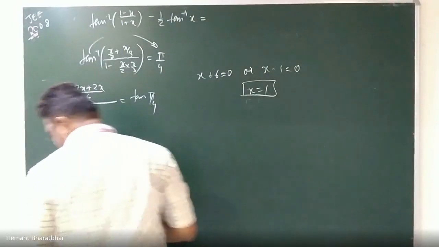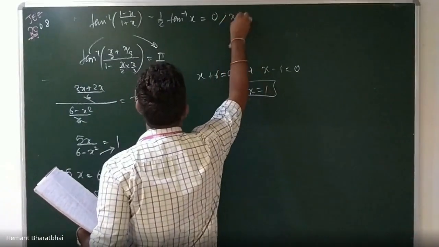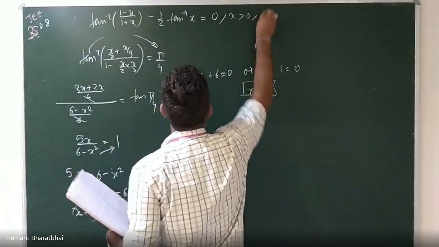Tan inverse of 1 minus x upon 1 plus x minus 1 by 2 tan inverse of x is equal to 0, where x is greater than 0.